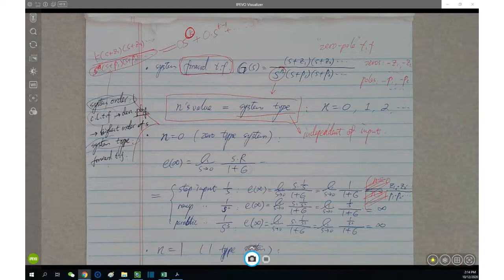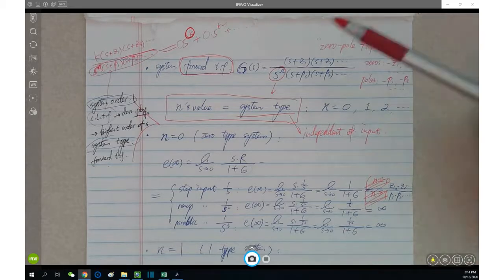They're not even talking about the same thing. And the poles and zeros of a system.